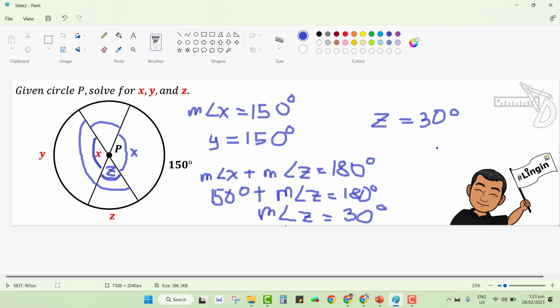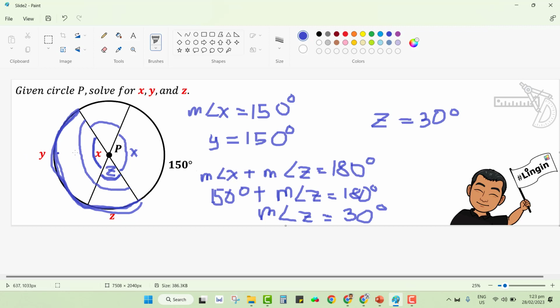There is also another way to look into what would be the value of arc z. Look into this perspective, this portion of an arc. This is an example of a semicircle. A semicircle is half the circumference of a circle, and hence its measurement is also half the measurement of the entire circumference, which is 360 degrees.